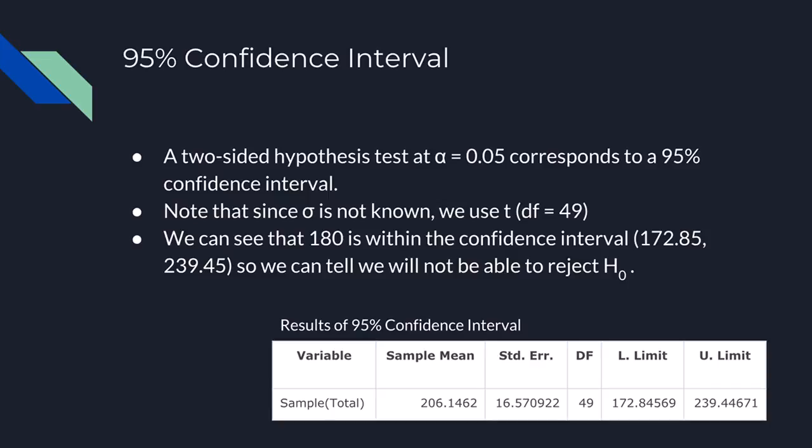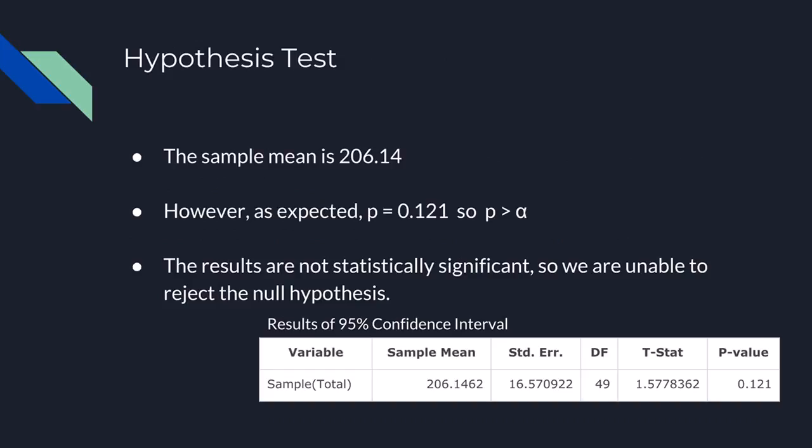So yes, moving on to the hypothesis test, we can see from this hypothesis test that the sample mean is $206.15, just about, which is greater than 180. Nevertheless, though, as we expected, P is greater than 0.05. P is equal to 0.121.